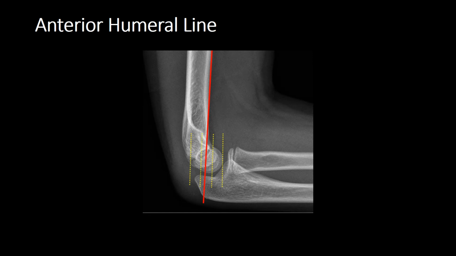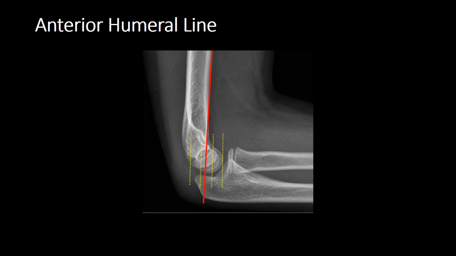If you have a posteriorly displaced supracondylar fracture, the anterior humeral line will end up bisecting the capitulum through the proximal third. And in cases of grossly displaced supracondylar fractures, it may even appear anterior to the capitulum.